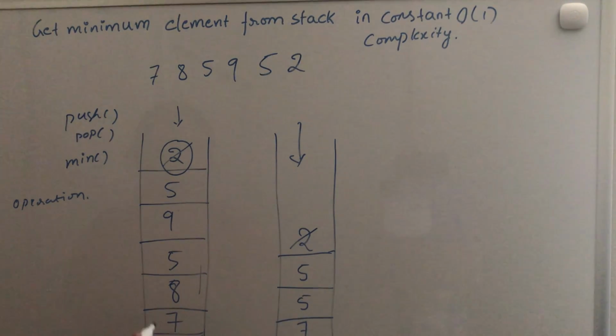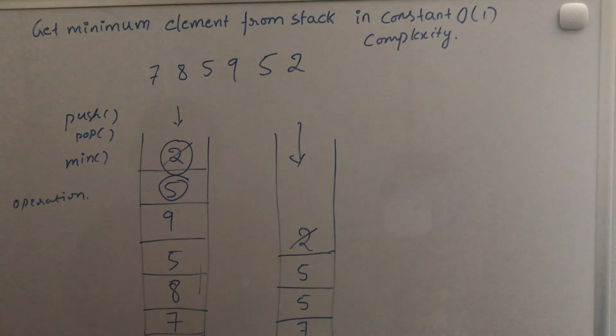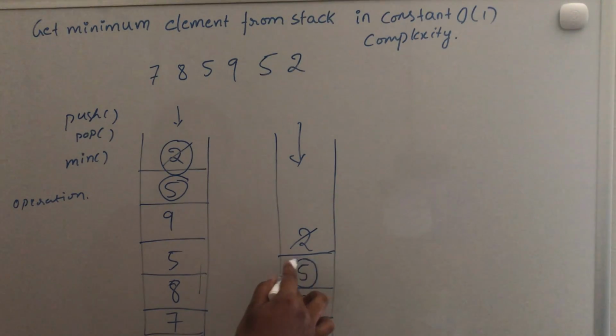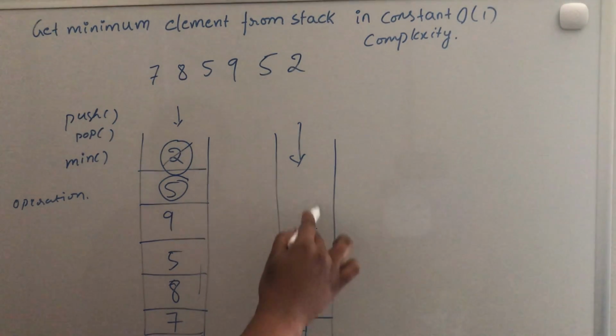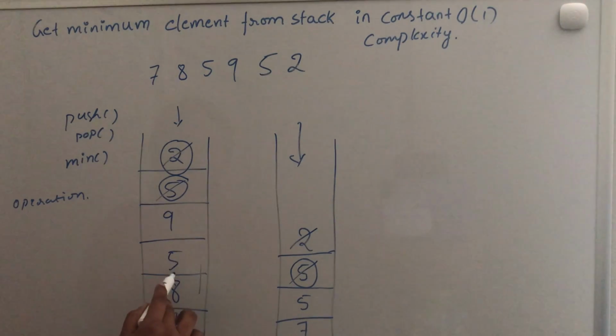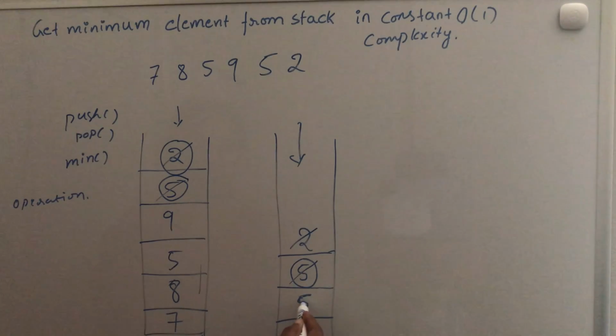If we pop out the 5, it is also 5 in the min stack, so we need to pop this out also. The minimum is again 5, so 5 is still here, because we need to record duplicates also.